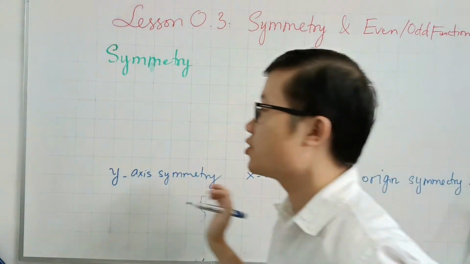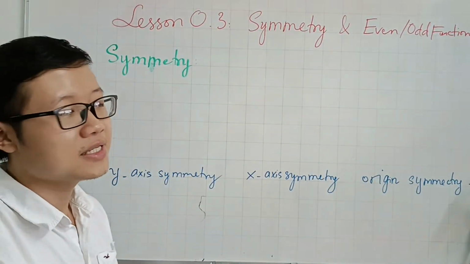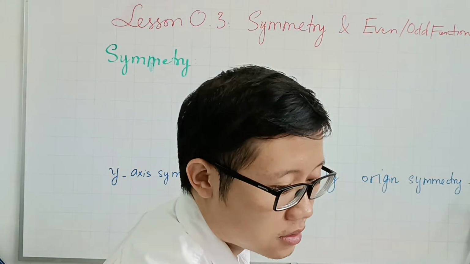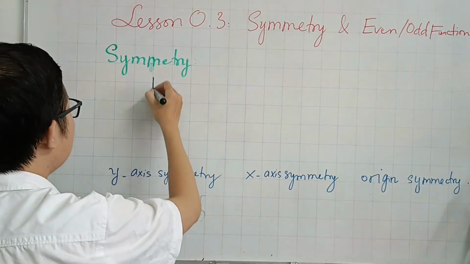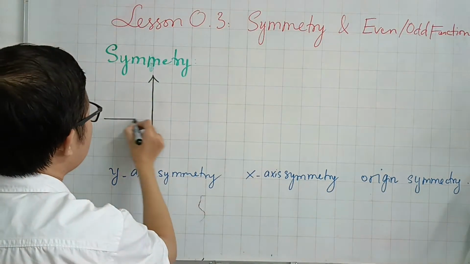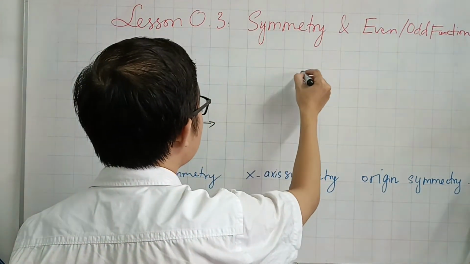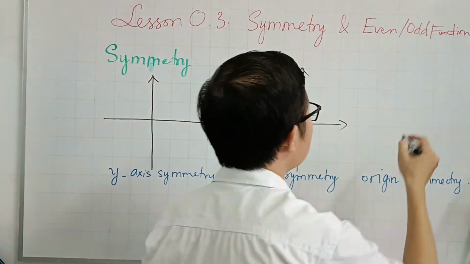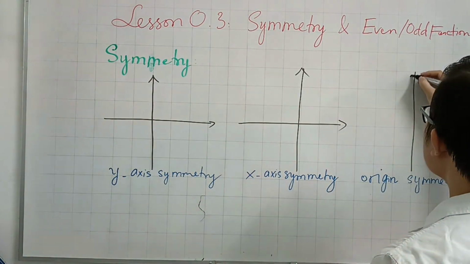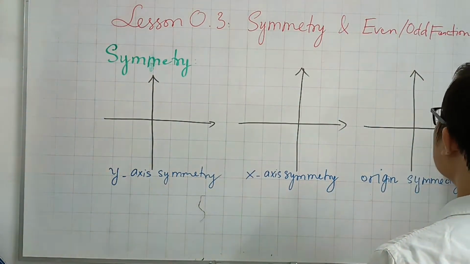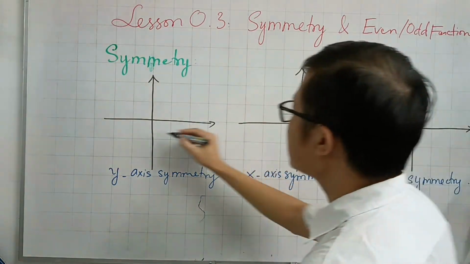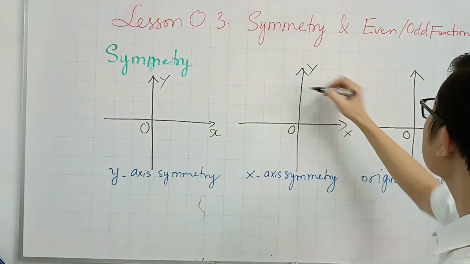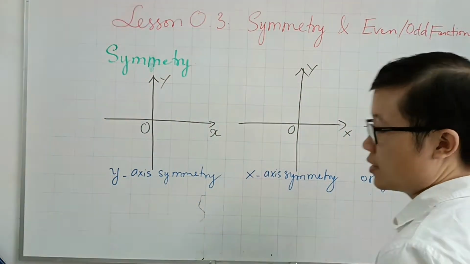These are three features of the rectangular coordinate system, so we have the coordinate system here, with the x-axis and y-axis.